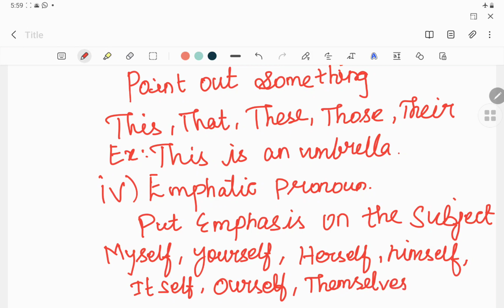Here you want to use selves only. So myself, yourself, herself, himself, itself, ourselves, themselves. These are all emphatic pronouns.